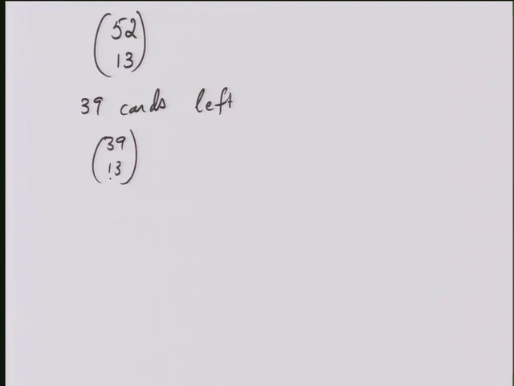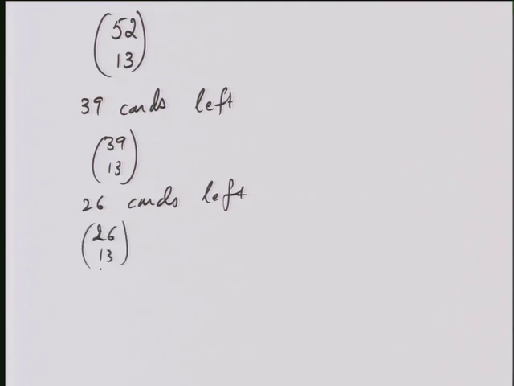So the first rule of counting says we multiply these numbers together. Now there are how many cards left over? 26 left. Now we're going to take 13 of these cards and give them to that door out there. So 26 choose 13 ways of doing that.